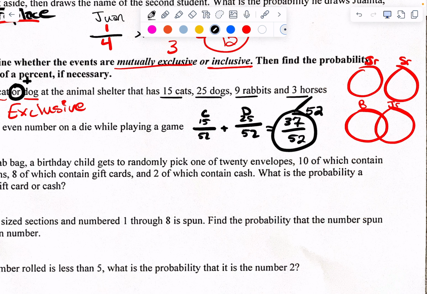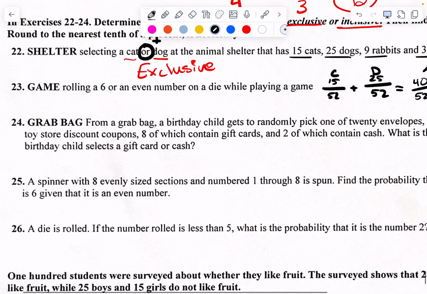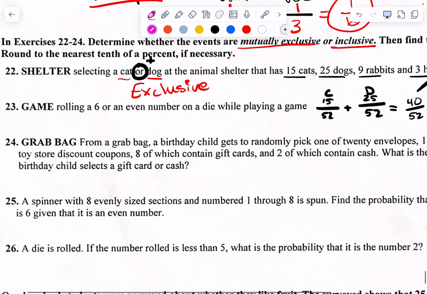Is it really? It's not 37 because I can't math. 40 over 52. Which is, you're right, 10 over 13. Oh, do you think one of them was a 2? Yes, I thought one of it is a 2. 10/13ths. But or means add. Okay? All right, here we go.